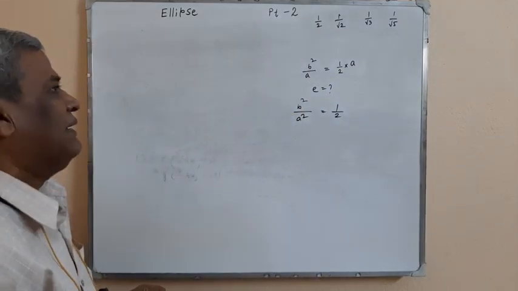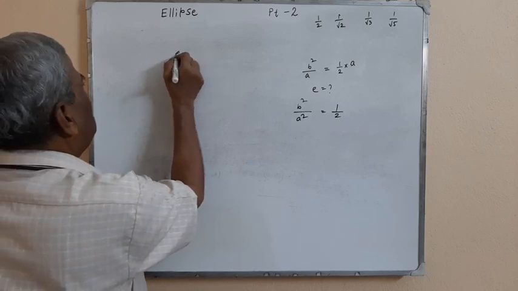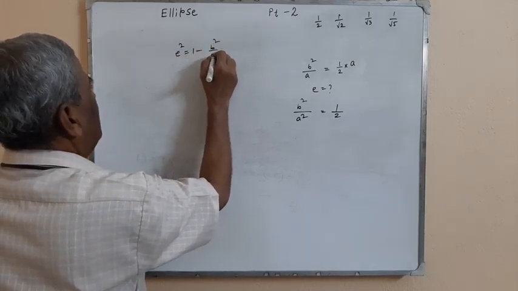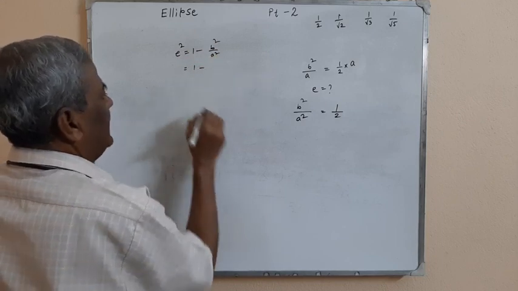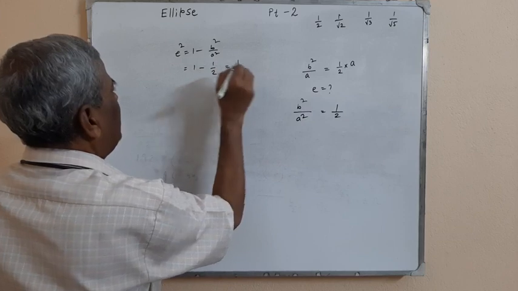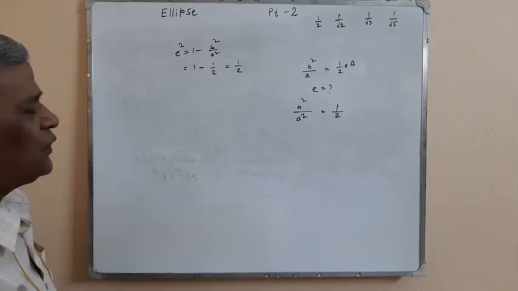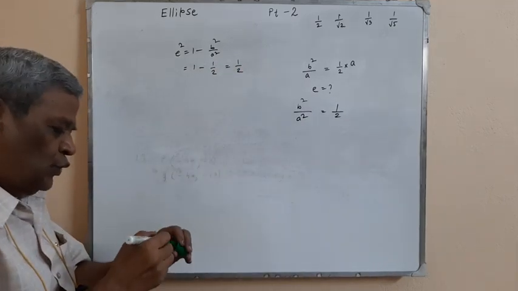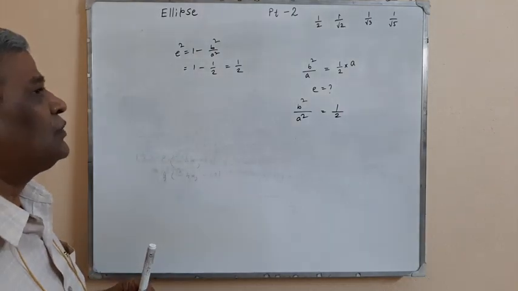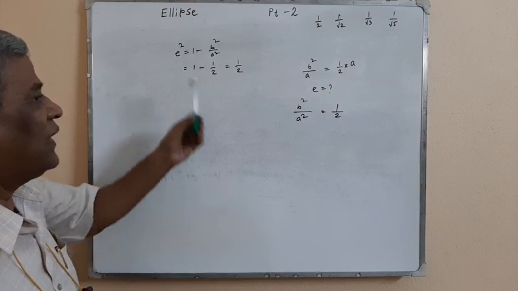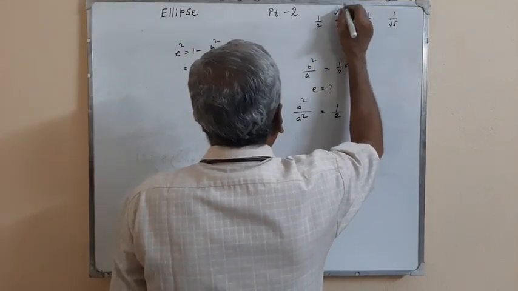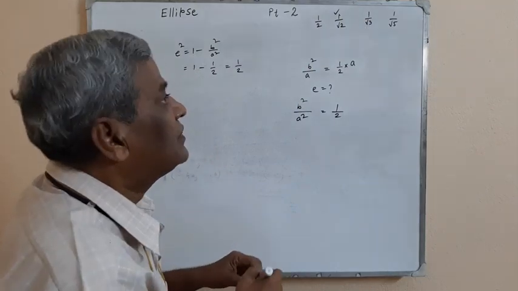And E square is equal to 1 minus b square by a square, is equal to 1 minus half, so that together is half. So E is equal to 1 by root 2, not plus minus 1 by root 2, because eccentricity cannot be negative. So this is the correct option.